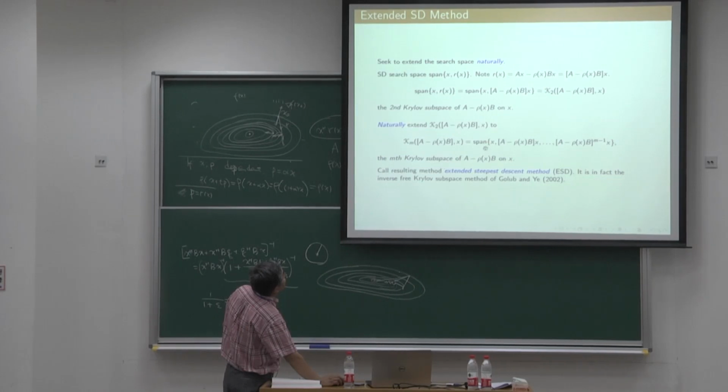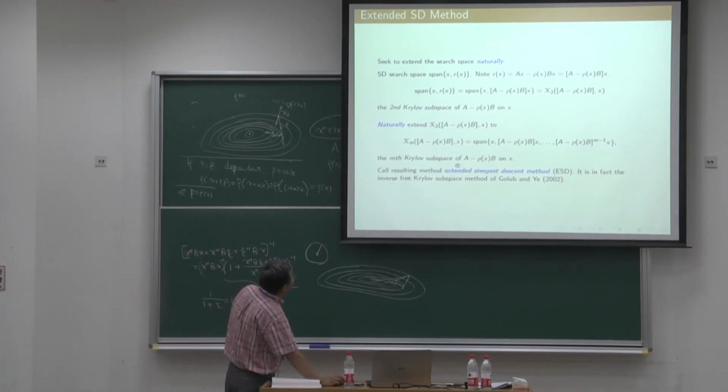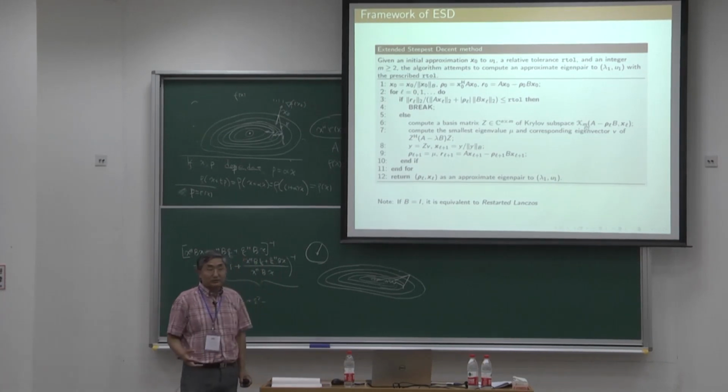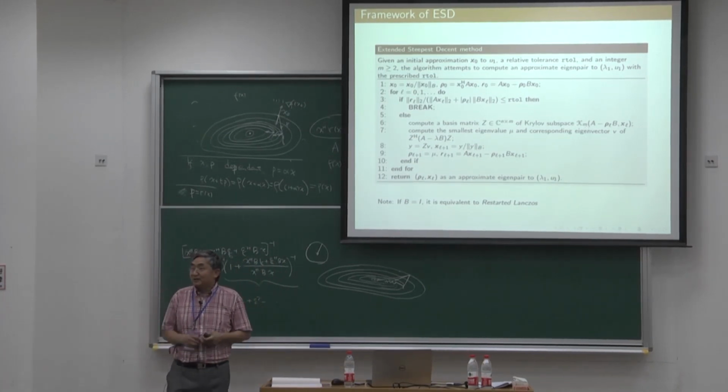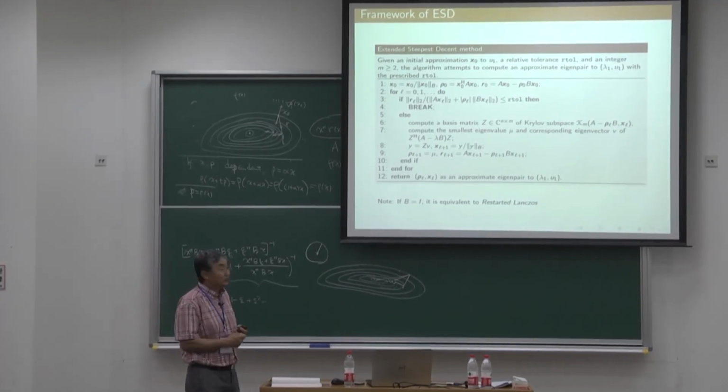So you can make it an mth order. Naturally, the idea is just to modify the method: it used to be a Krylov subspace of order 2, and you make it order m. Of course, what m to use, there's no easy solution. Okay.